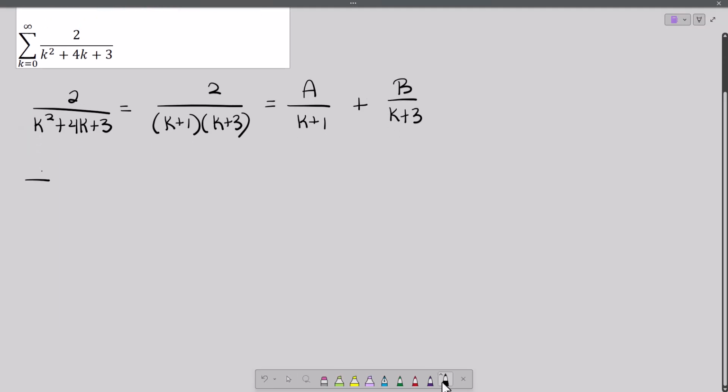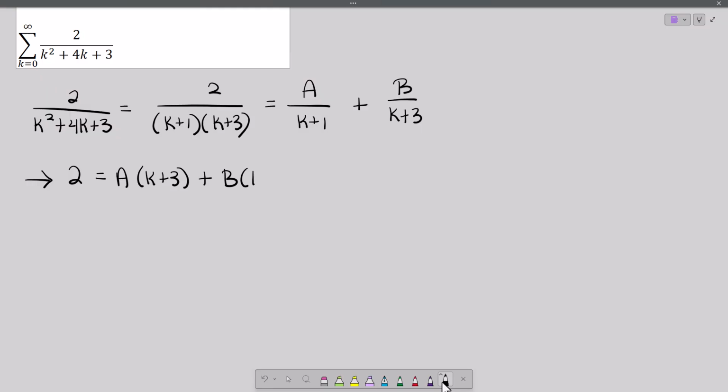This leads us to our PFD equation. So this part over here, we multiply both sides by the denominator on the left, and we end up with this so-called PFD equation. So there's our PFD equation. And then we find A and B. The way we've been doing it is with convenient values.